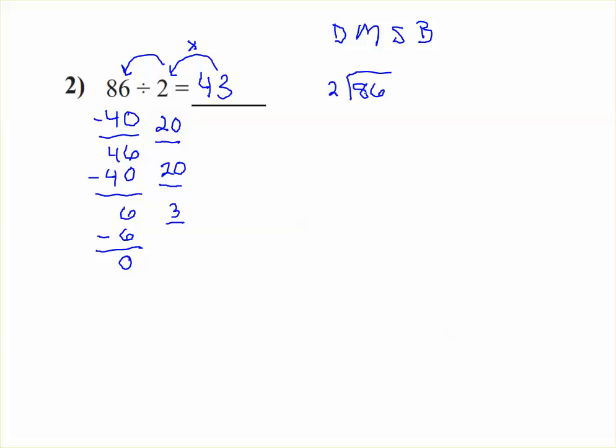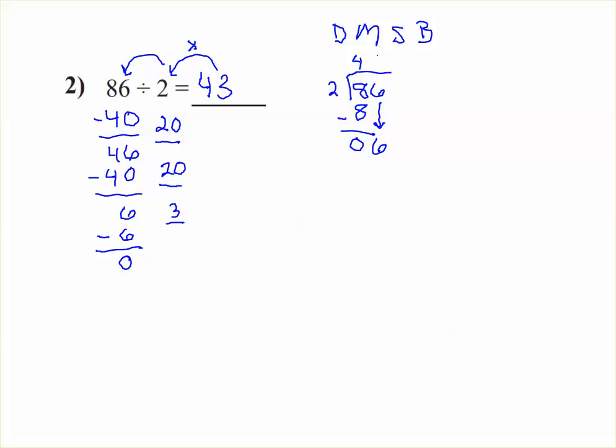Now at first I don't pay attention to the 6. I'm just going to look at the 8. How many times will 2 go into 8? Well, I could get 4 groups of 2 into 8, because 4 times 2 is 8. I subtract and I get a 0. Bring down the 6.